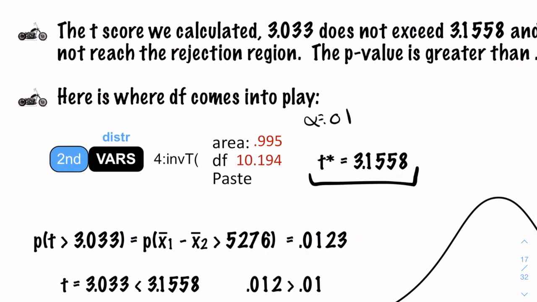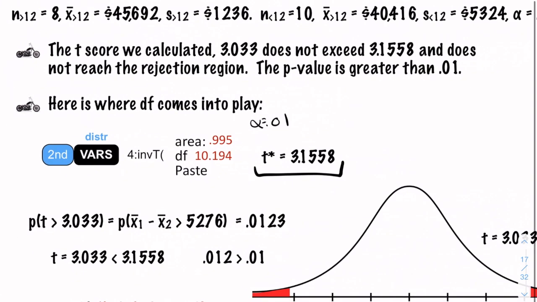And what we're looking for is what is the probability that our t-score is greater than 3.033. Well, the t-score that we got is 3.033. That is definitely less than 3.1588, which is our critical value.